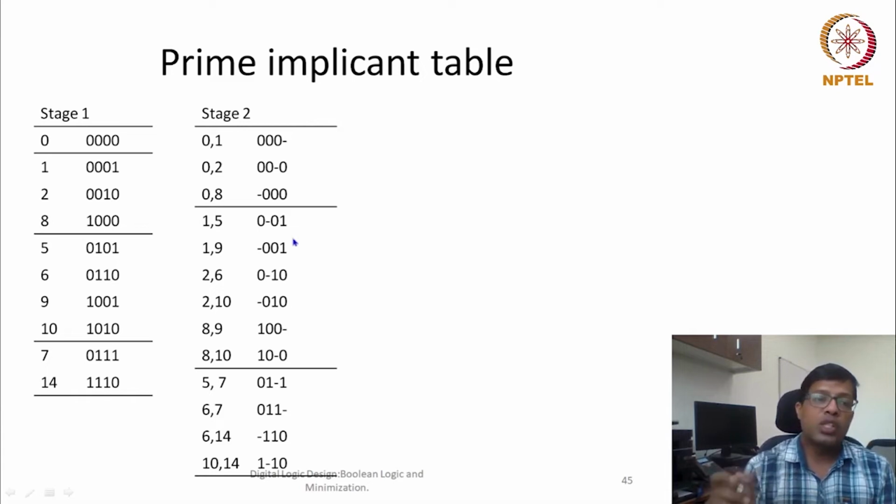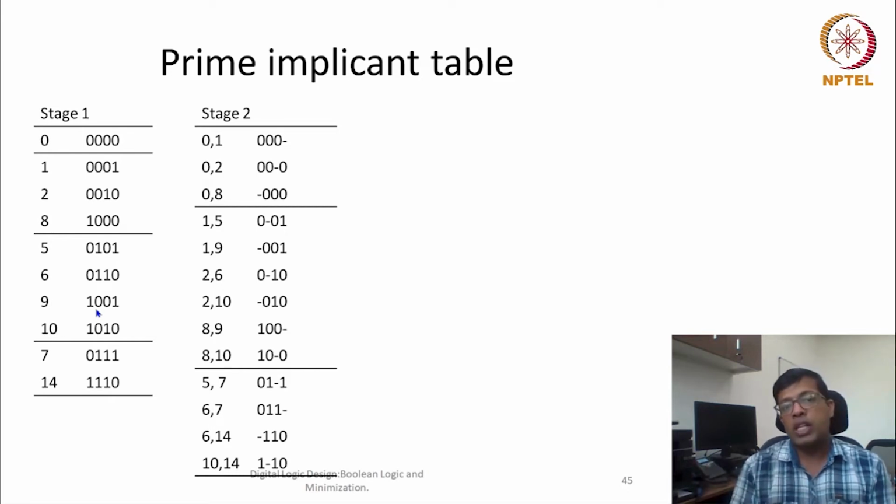But the condition for this combination is that they should be created in the form of these groups, and the smaller number is subtracted from the larger number, and the difference should be a power of 2. Then they can always be combined.